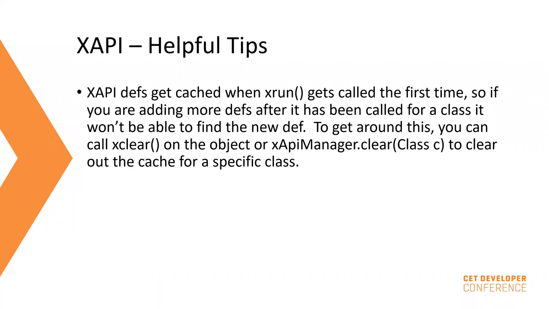So from there, you need to clear out the cache. This can be done pretty easily by calling xclear on the object or by directly calling the XAPI manager and the clear method on that and passing in the class that you want to clear the cache for.